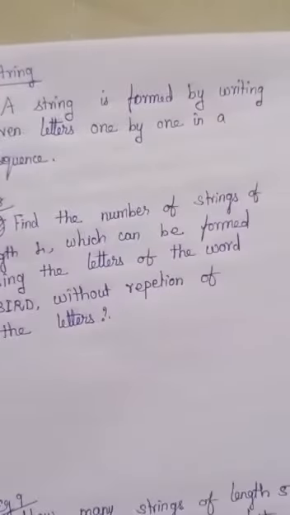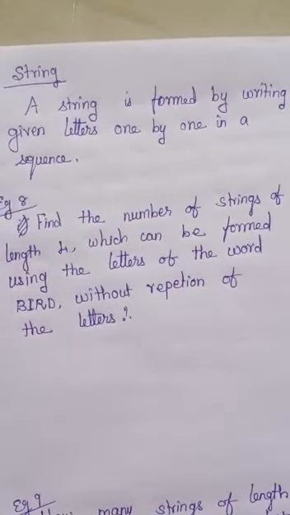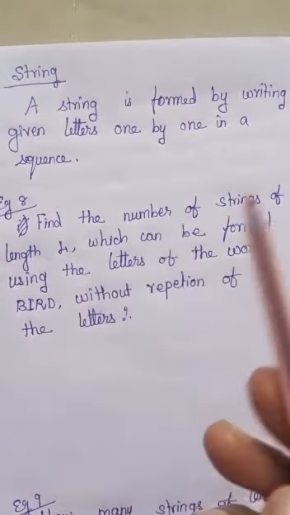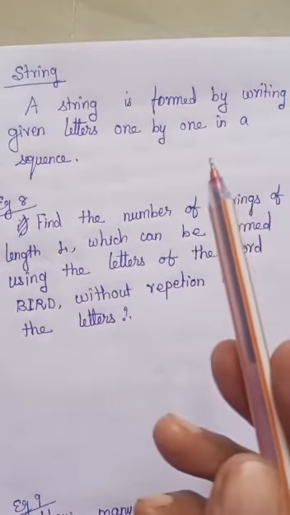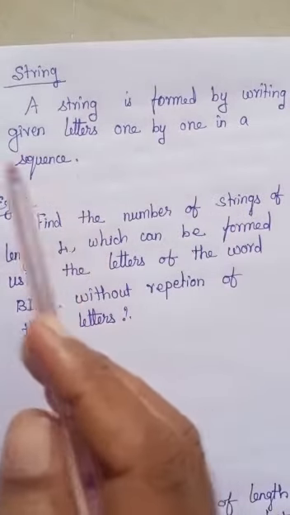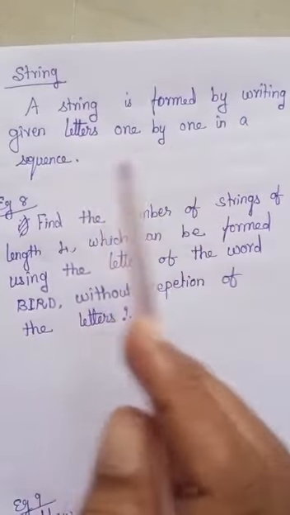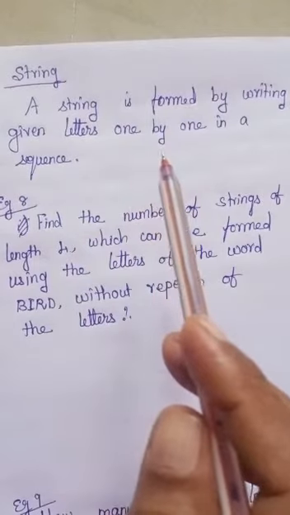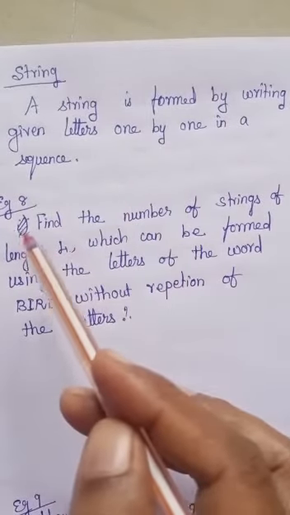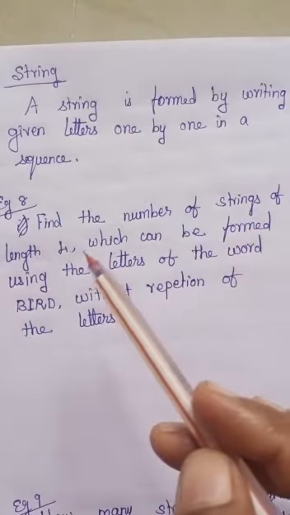See, string. First we should know what is meant by string. A string is formed by writing given letters one by one in a sequence. See, example 8, find the number of strings of length 4.